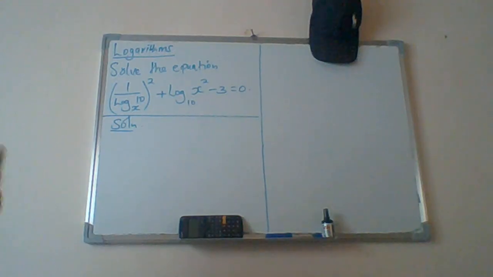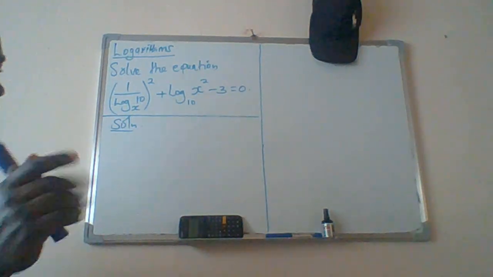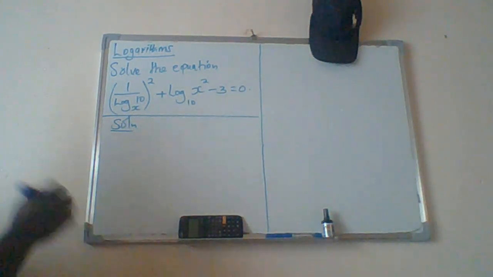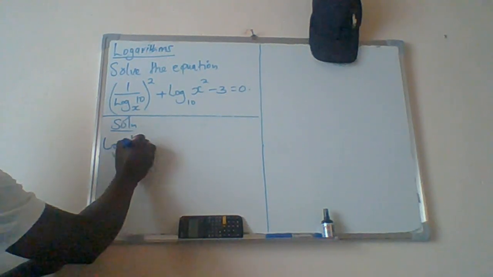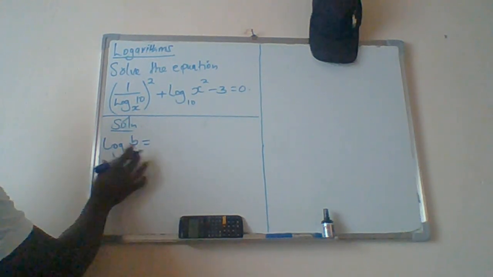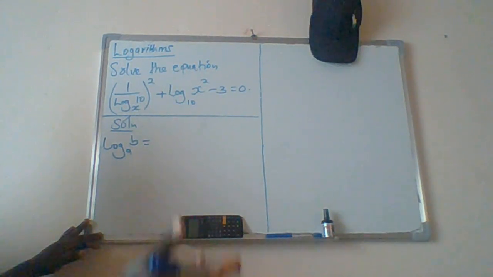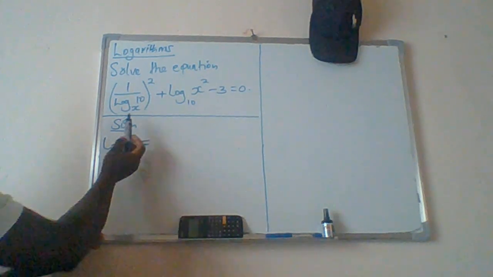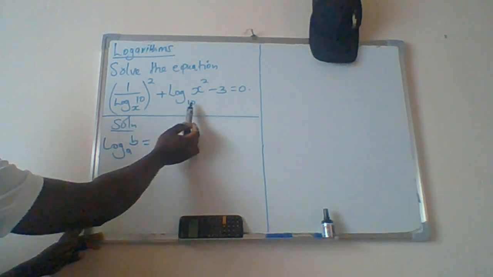To do so, there is something we refer to as the change of base rule. I want us to convert this base x to be base 10, so that we have base 10 and also base 10.